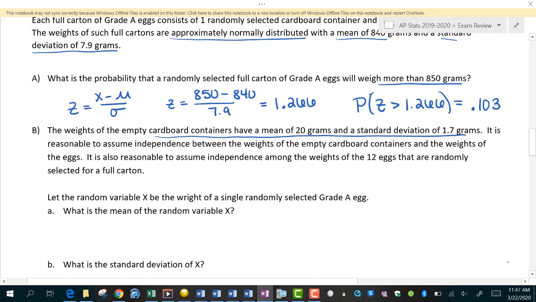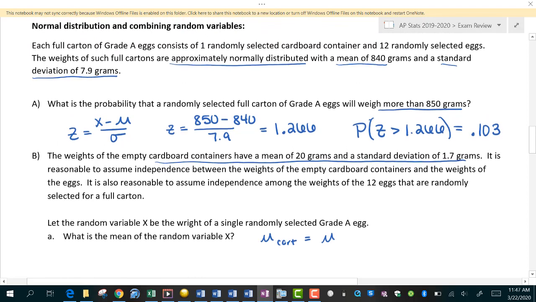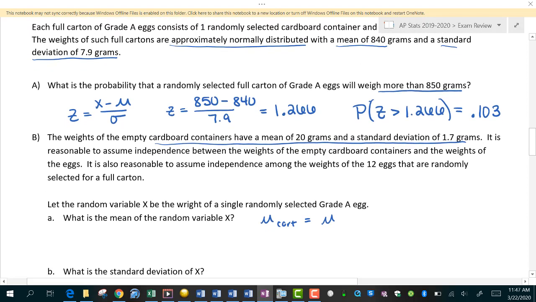In order to do this, we're going to have to set up a little bit of an algebraic formula. We know that with means, they follow the math. So the mean of the carton should equal the mean of the cardboard container plus 12 times the mean of one single egg.